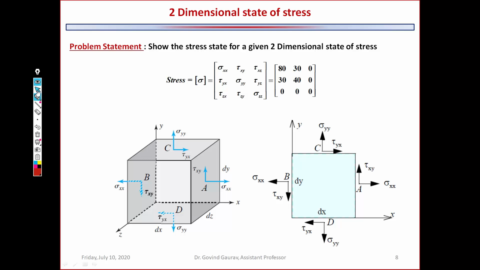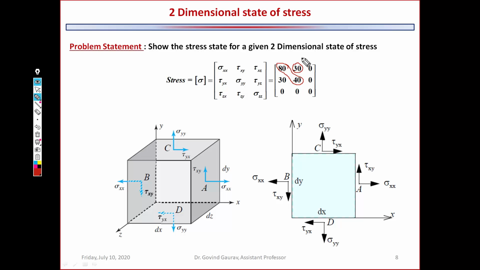Now we will define the general state of stress. When we have the stresses in two dimensions, it represents the two-dimensional state of stress. In the two-dimensional state of stress, all the forces acting on the z planes, so this column and this row, will be 0, and we are left with only four values of the stresses. Among these forces, two values, 80 and 40, are the normal stresses, and 30 represents the shearing stress.